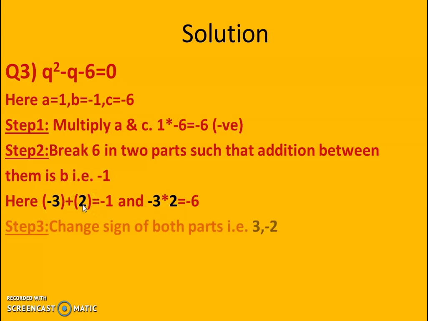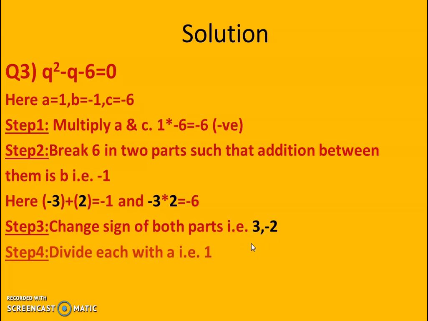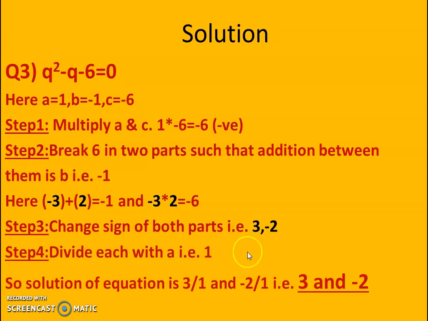Next step, we need to change sign. So -3 will be changed with 3 and 2 will change with -2. Now next step we can again skip, because value of a is 1. After division we will get the same number. So 3 divided by 1 and -2 divided by 1 will give same number, 3 and -2.